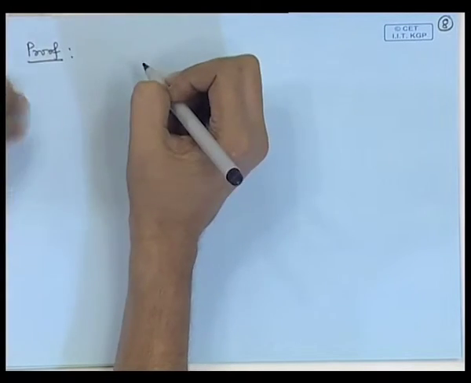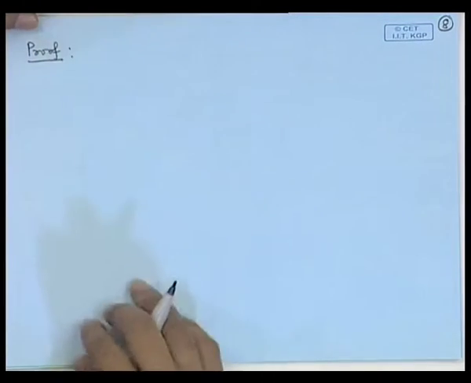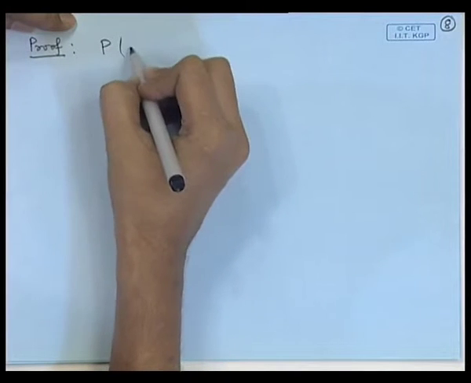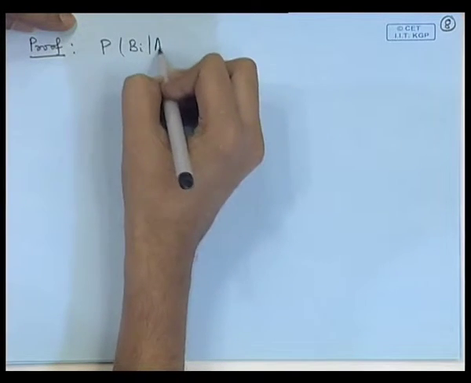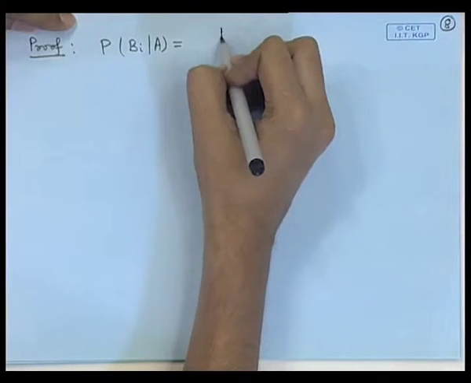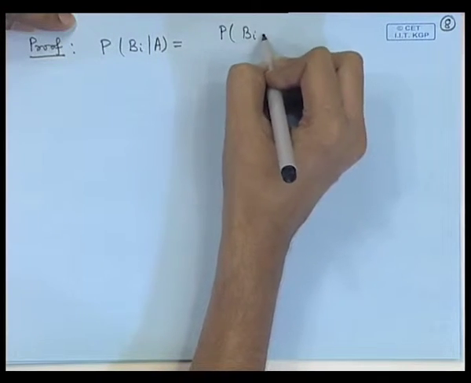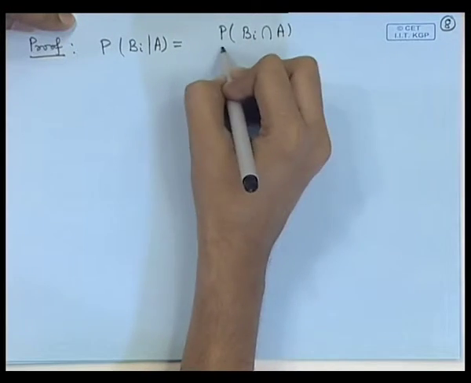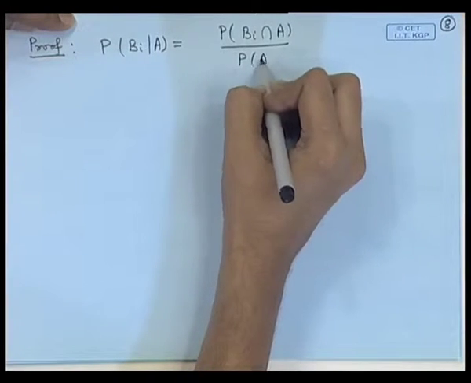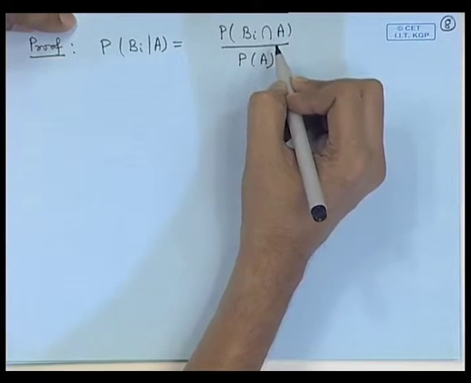We will just apply the definition of the conditional probability. Probability of B i given A is equal to probability of B i intersection A divided by probability of A, by the definition of the conditional probability.